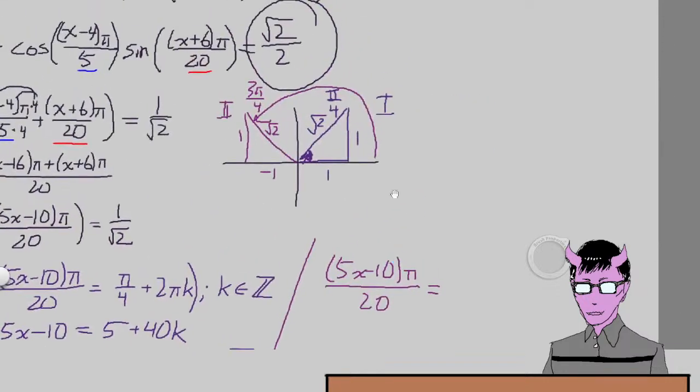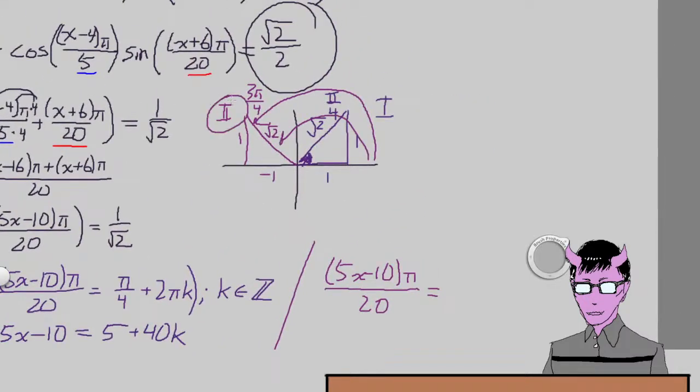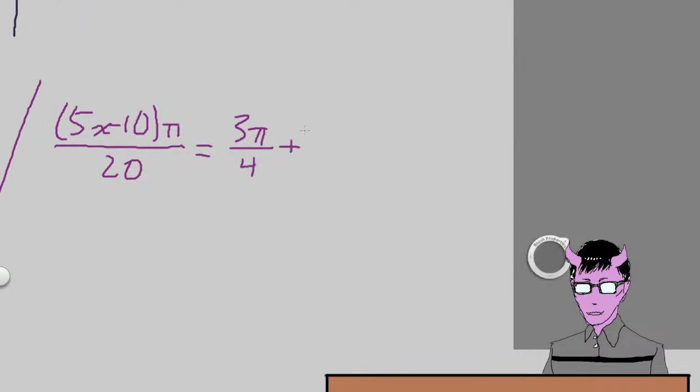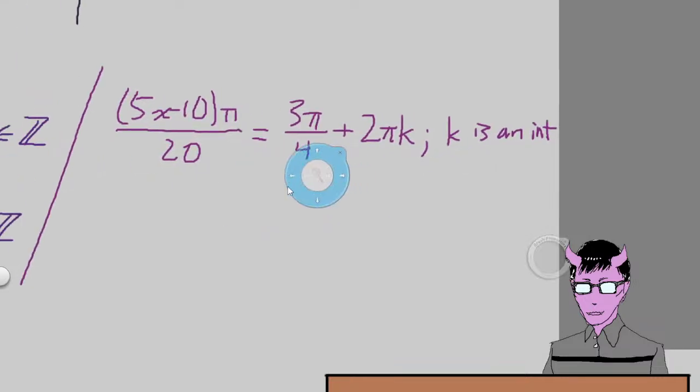And we're going to force it to equal the reference triangle in quadrant 2, which is 3 pi over 4. Same reasoning as before. We want to capture all the answers, so please put 2 pi k. Sloppy. Technically not very strict, but that's okay. I'm not a real mathematician anyway.